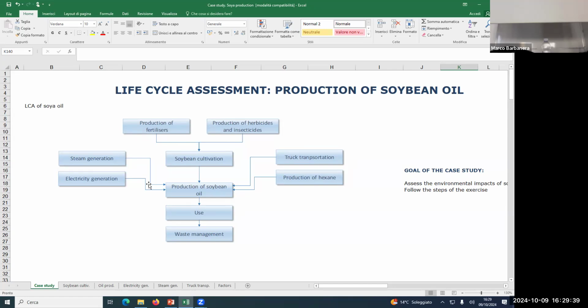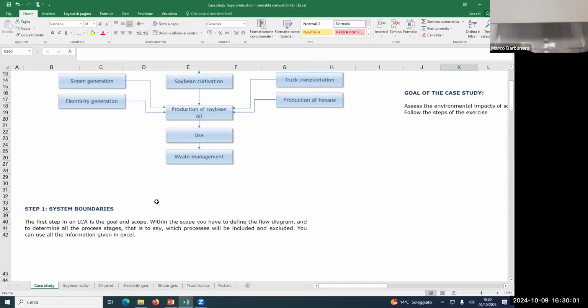So in this example, your system boundaries are these. And so in the first step, you have identified the unit processes of your LCA. This is the first step of LCA, the goal and scope definition.